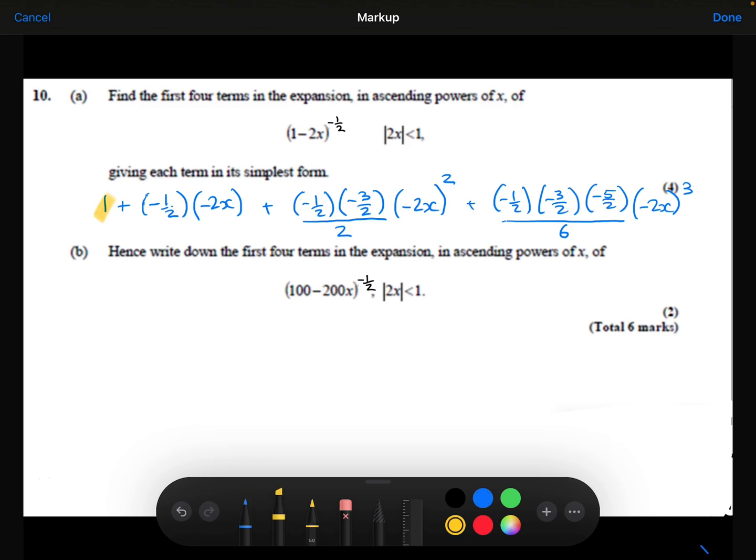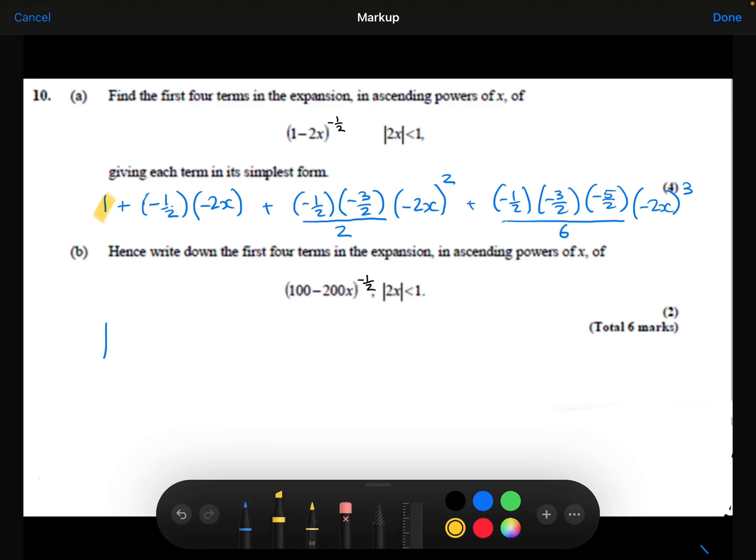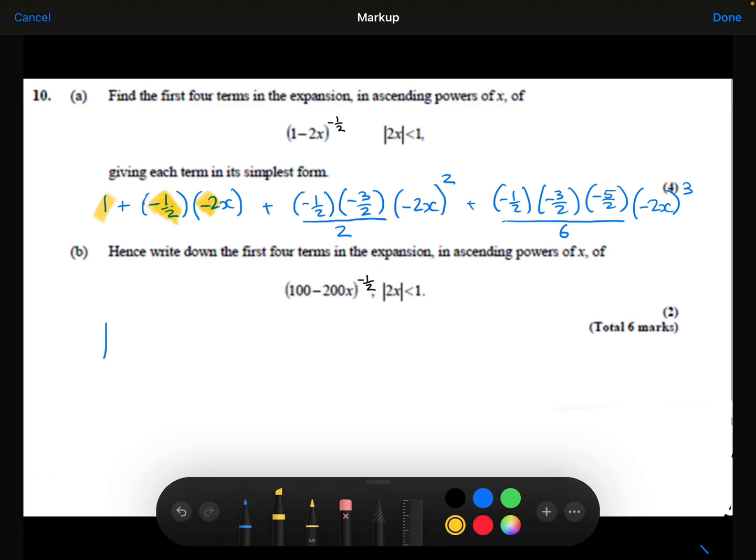So obviously, to begin, we've just got 1. Then we've got minus 1 half times minus 2, which gives plus 1. And then with the x as well, so 1x. We've then got minus a half times minus 3 over 2. So the two negatives will make a positive.